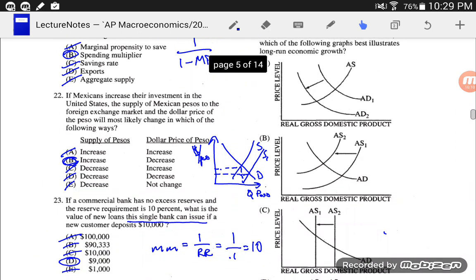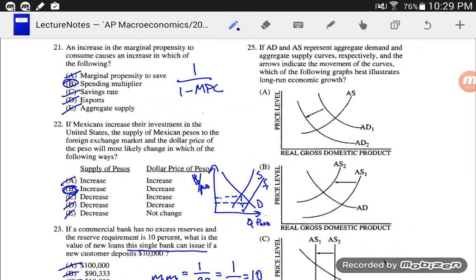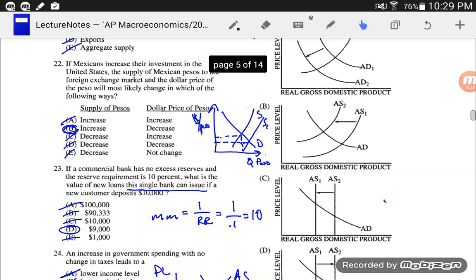Alright, what this is really getting at is the short run versus long run aggregate supply, and it is going to be a movement not in aggregate demand. Increasing demand doesn't increase our overall ability to produce, and of course a shift back in aggregate supply is not going to be good for it.